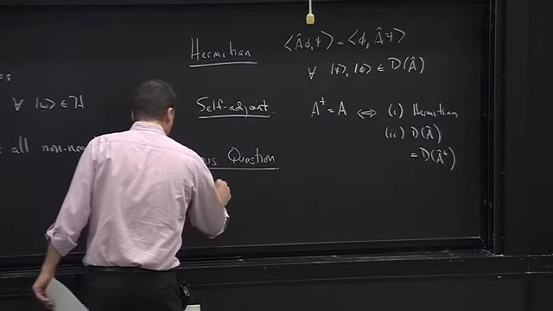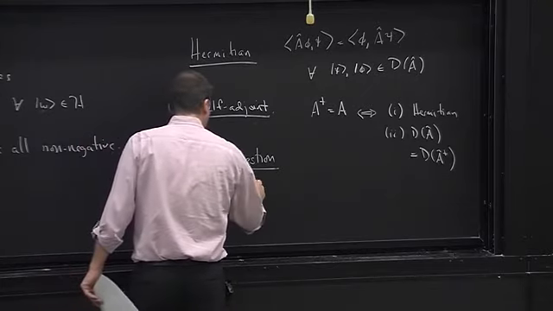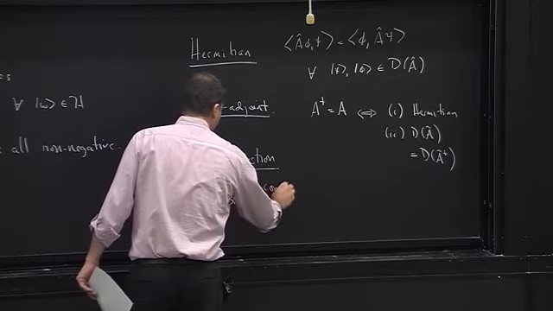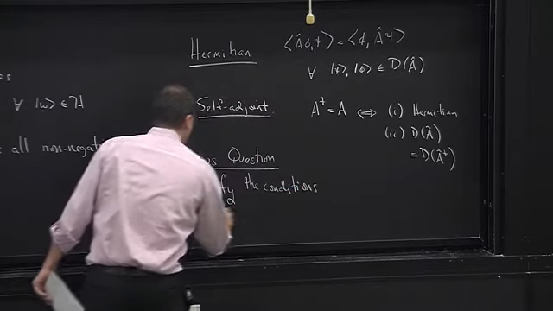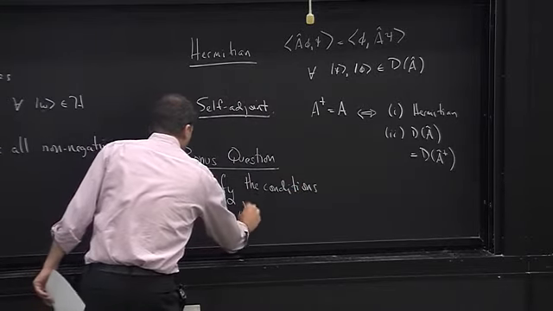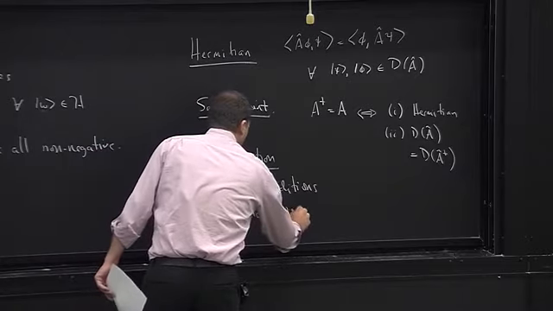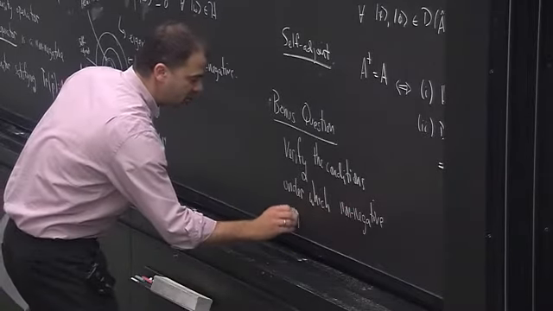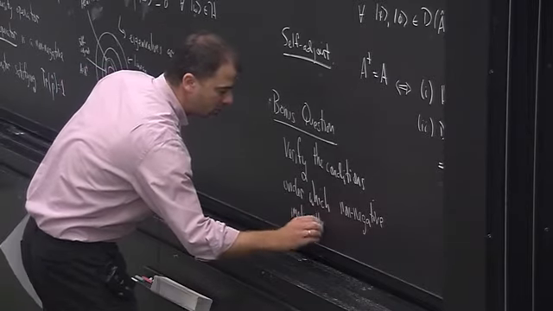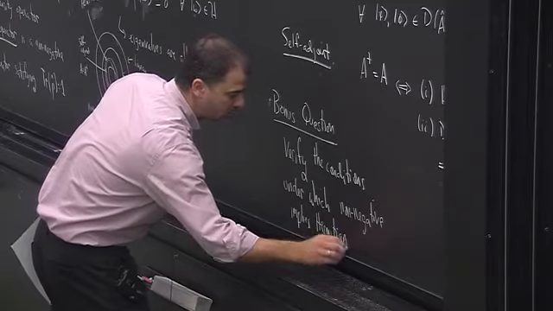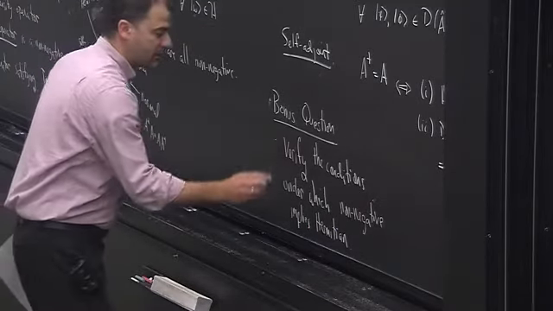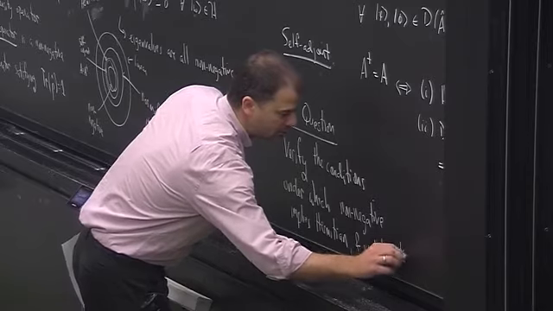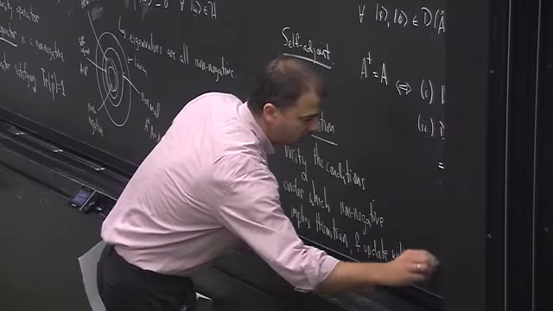Verify, I guess, maybe the conditions under which non-negative implies Hermitian, and if I'm right, update Wikipedia, if appropriate.